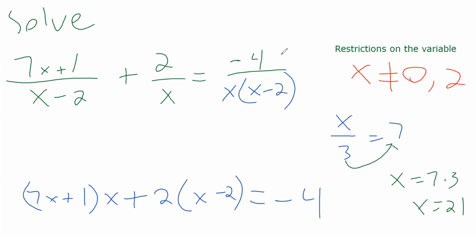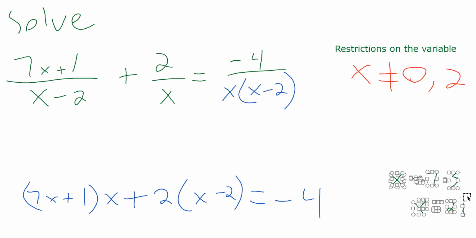But yeah, basically that's what's going on. X times x minus 2 is the least common denominator. And the x over 3 was just a little example we did on the side. It was not necessarily part of this problem, but it just drove our justification for multiplying both sides by this denominator.